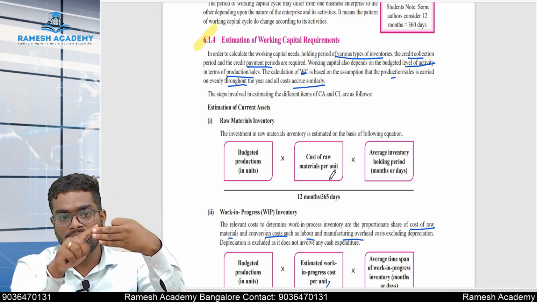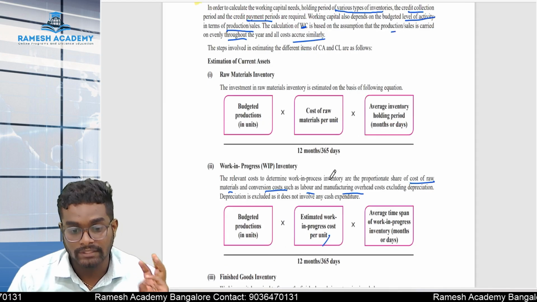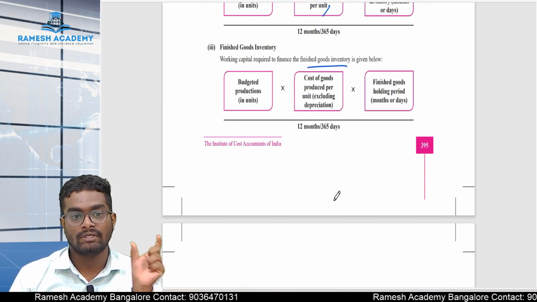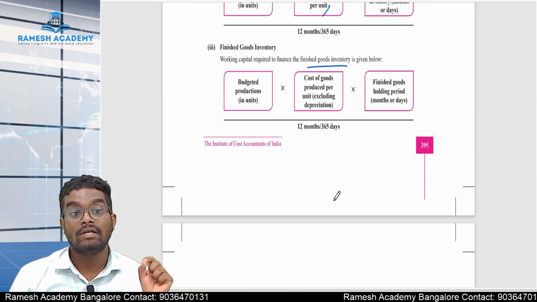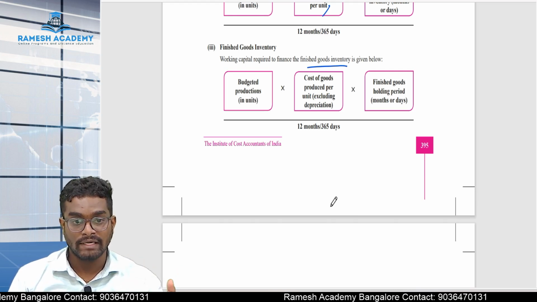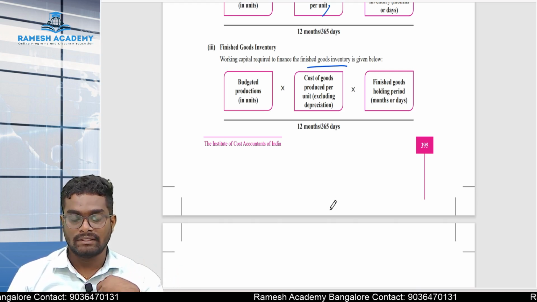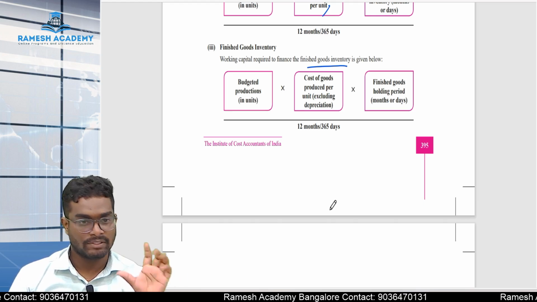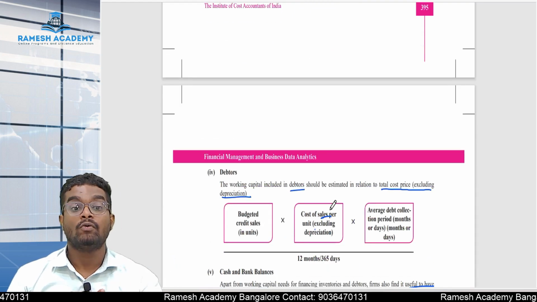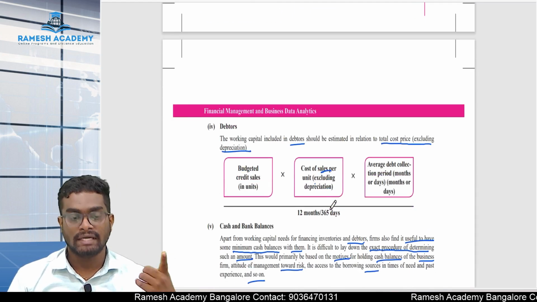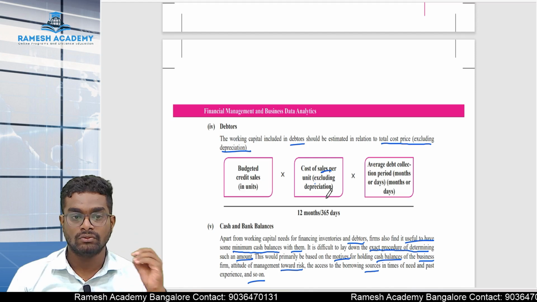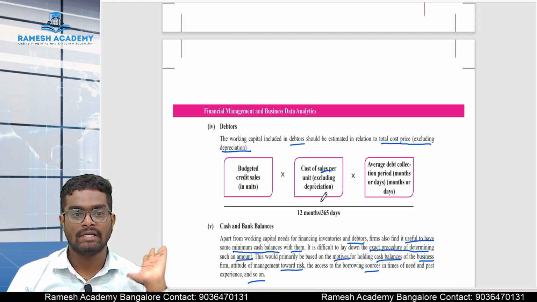And next we have estimated what should be our debtors, what is the amount that is blocked in the debtors, and what is the amount of cash balance we have to maintain in our bank or cash in hand. And how much we have to make payment to the creditors, direct wages, overheads, and the GST also. So the net of it will be the working capital requirement.